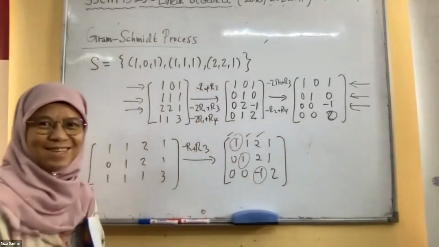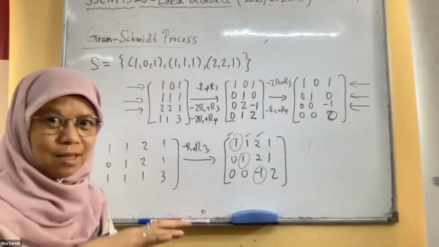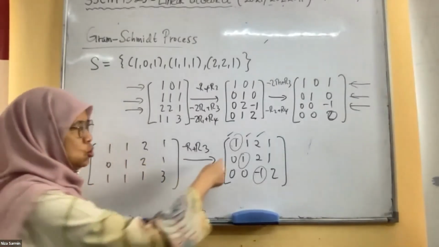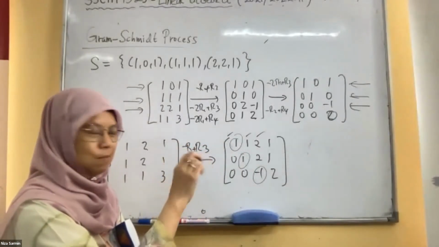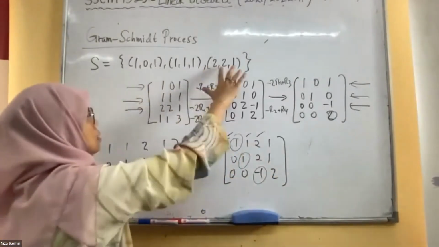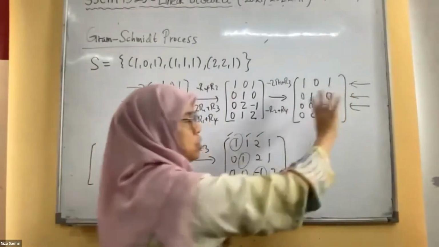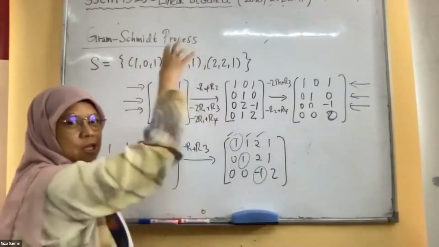So you can see the difference from the beginning: whether you write as column, choose the column with the leading one and make that column your set, or you write as row, choose the row that is not zero, take the original row and put it in the set.